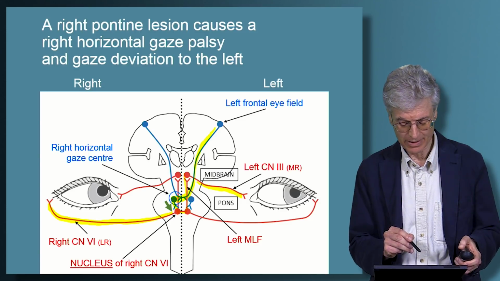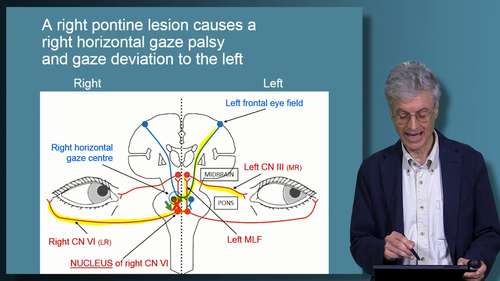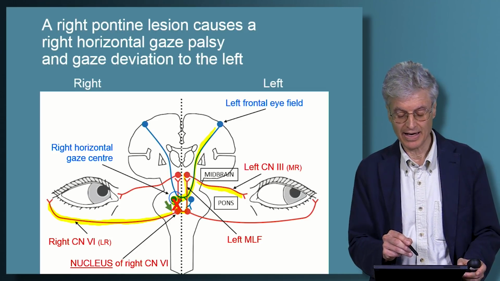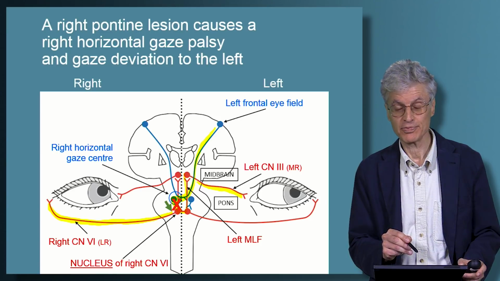But in this case, we have a lesion in the right pons, so the eyes cannot pull to the right, and the unopposed signal from the right frontal eye field results in the eyes deviating to the left.